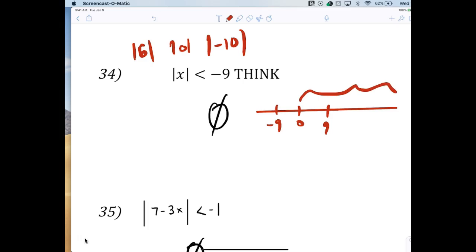You agree with that? No matter what I take the absolute value of, it's going to be 0 or above. So how can my answer be way over here? The answer is what? It can't be. No solution.